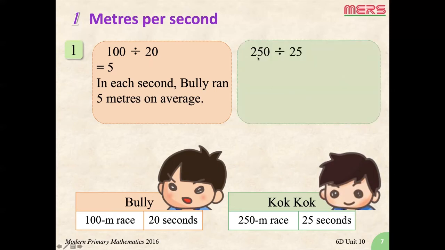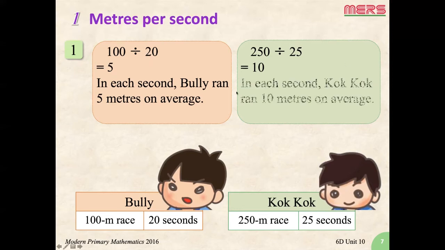Coco took part in a 250-meter race in 25 seconds. We do the division, 250 divided by 25 is 10. What does it mean? In each second, Coco ran 10 meters on average.